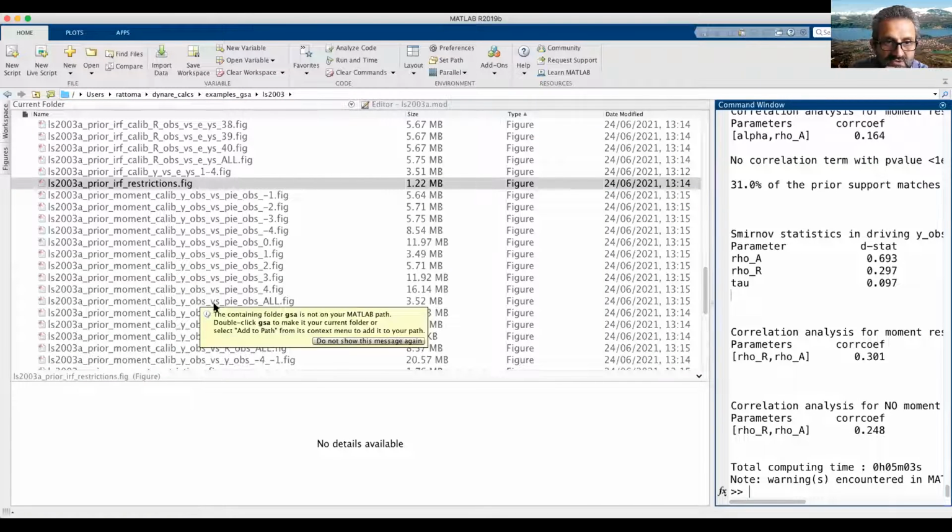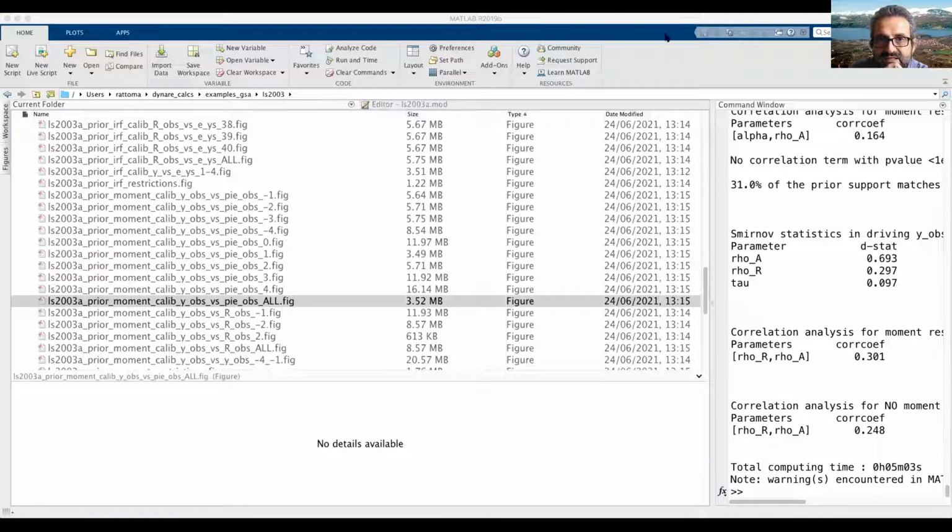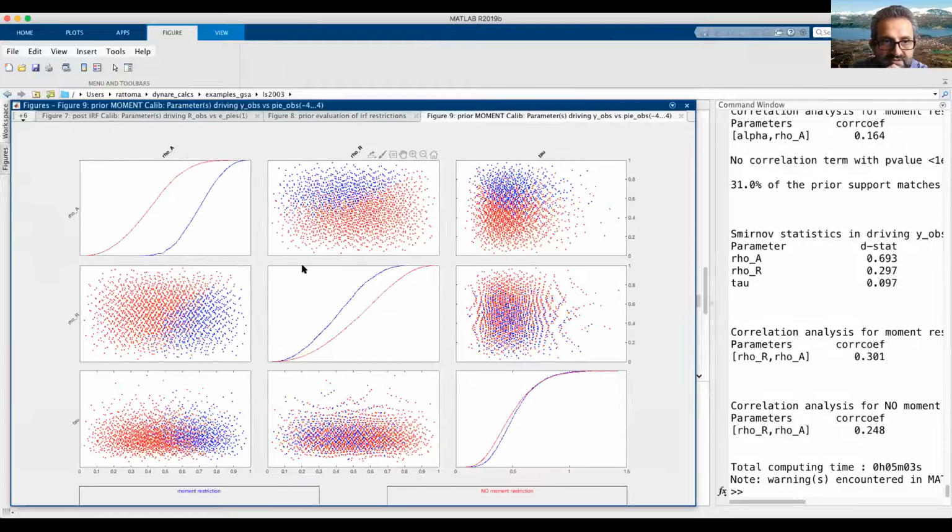And then there are all the other results. You know that for moments Y versus pi, there are these 9 moments. You can look at them one by one or all of them. Here you have that a combination of smaller rho R and larger rho A would provide that kind of co-movement between inflation and GDP, for example.